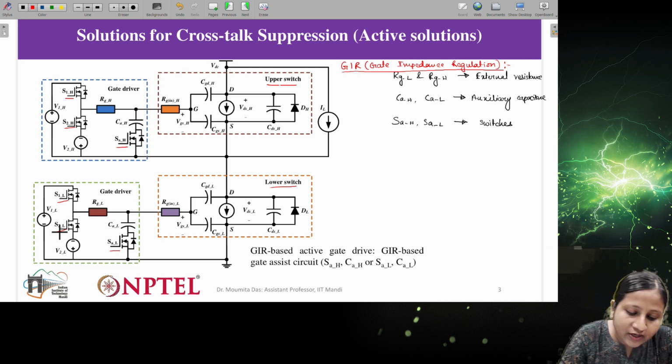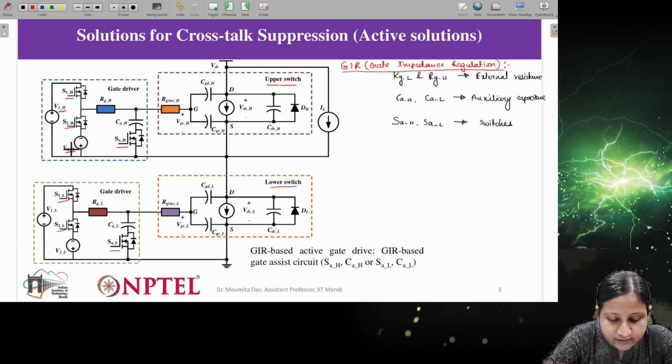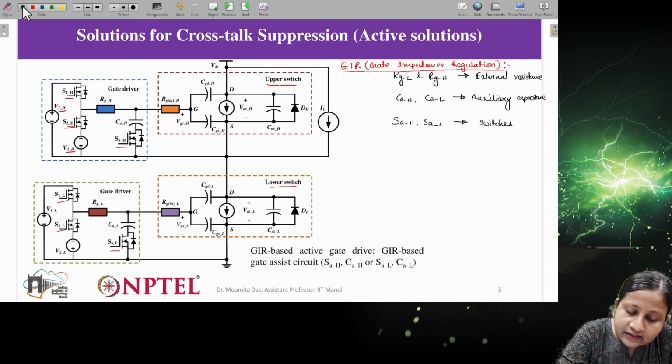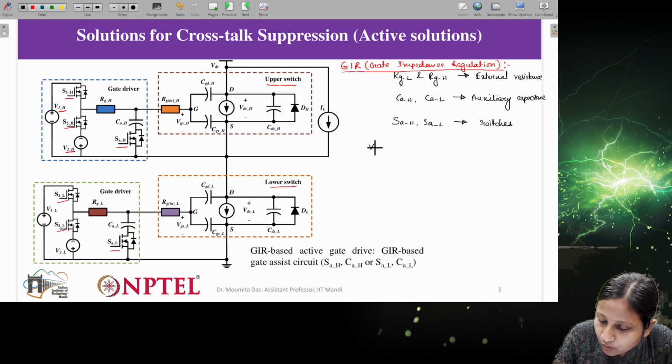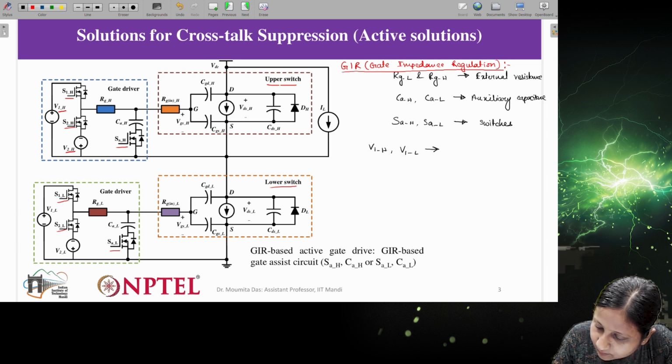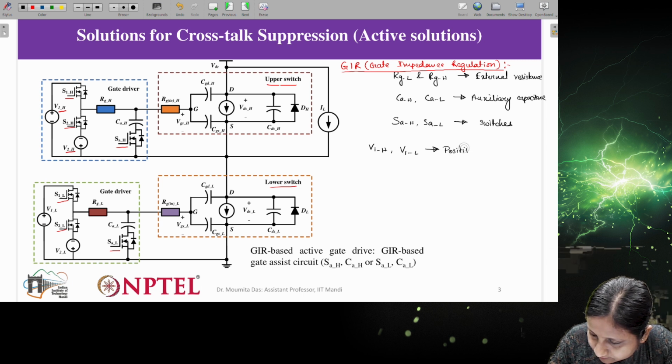These switches are connected to the gate driver network, which has two different voltages. One is the positive voltage for the upper switch, let's say S1H, and another is the negative voltage, S2H. So here we have two different potential voltages. V1H and V1L are positive voltages, right?